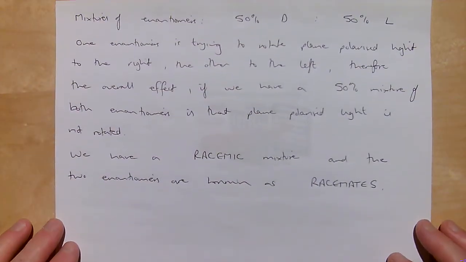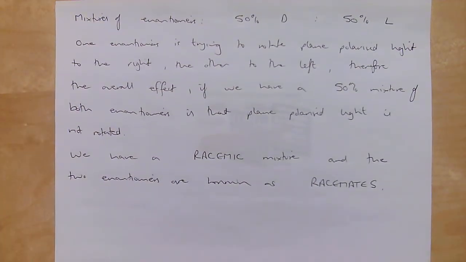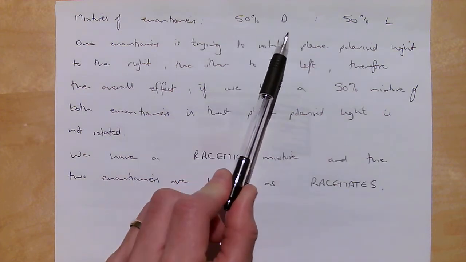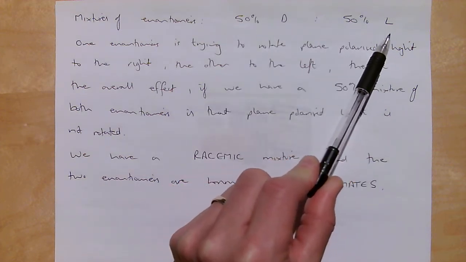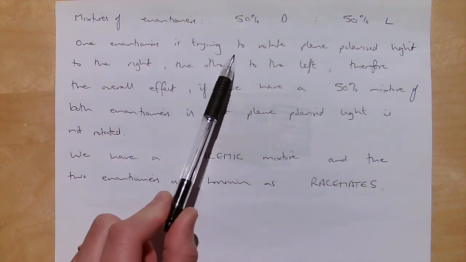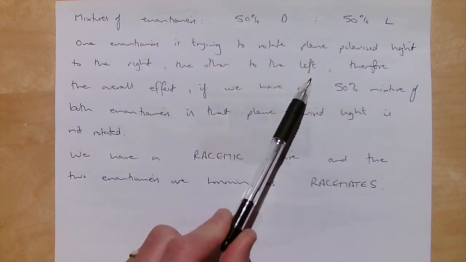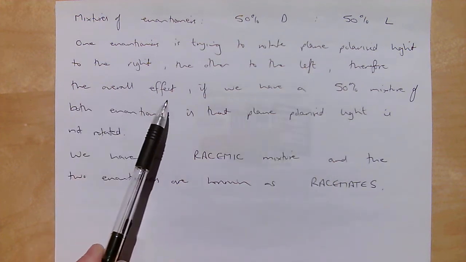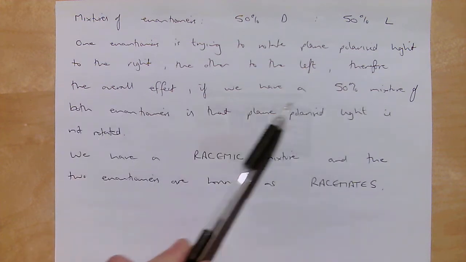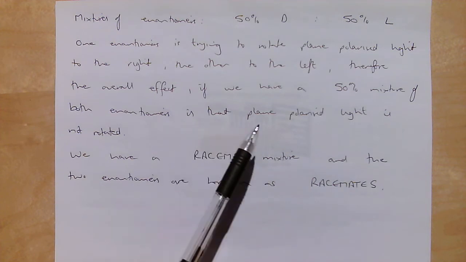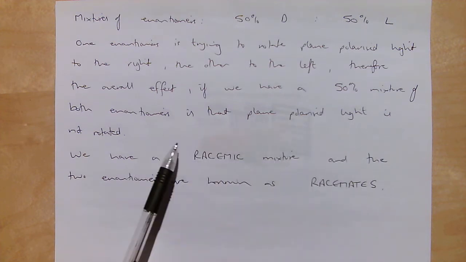Okay, so here we go. Mixtures of enantiomers. If we've got 50% of the D version and 50% of the L enantiomer, one enantiomer is trying to rotate plane polarized light to the right, the other to the left. Therefore, the overall effect of a 50% mixture of both enantiomers is that plane polarized light is not rotated.